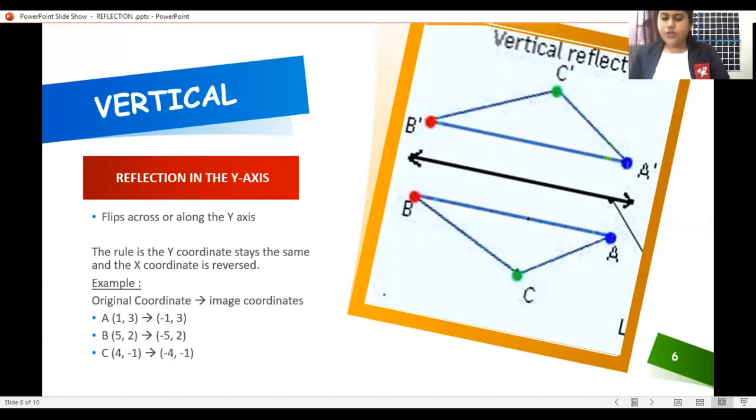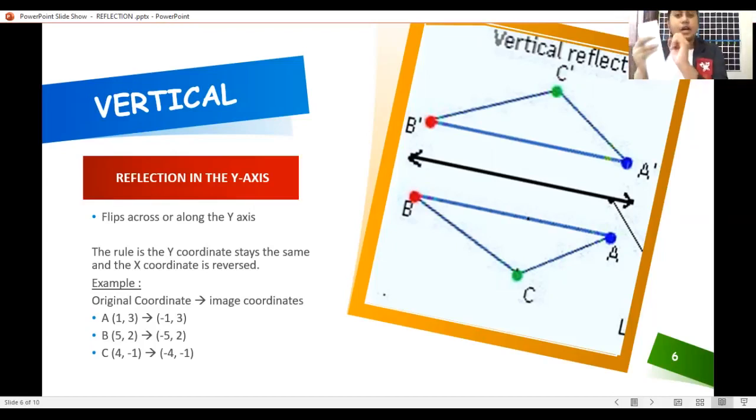So on our paper, using the same dimension of the coordinate plane, we're going to use that same technique again. I want you to plot the point 1, 3. So point A is 1, 3. We're going to fold our paper vertically to suit our y-axis.